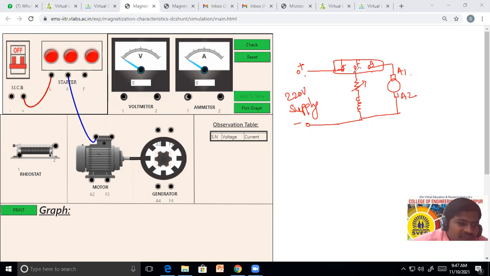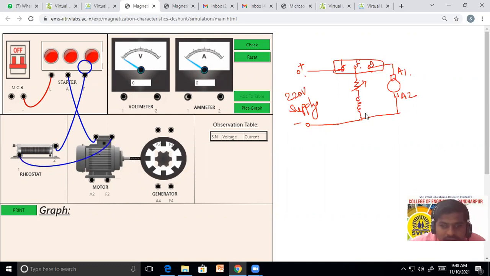Field terminal F, F कुठं connect करायचं बघा, F can be connected to one terminal of the rheostat. Rheostat एका टर्मिनलला कनेक्ट केली. Okay, now the next terminal of the rheostat can be connected to F1. Here it is F1, this terminal can be connected to F1.